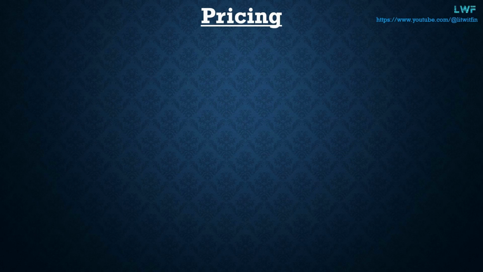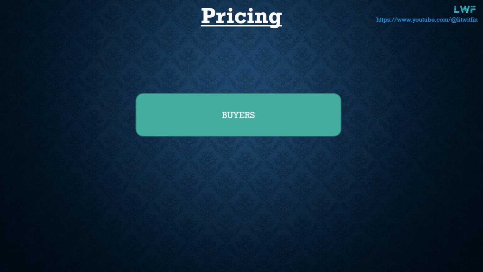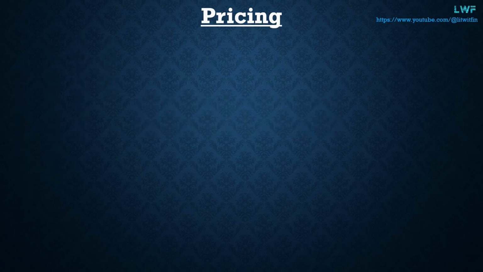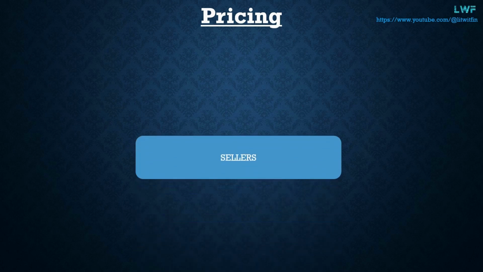In the free market, we have buyers who are always negotiating for the lowest price possible as they interact with sellers. In this way, they put downward pressure on prices. At the same time, in the free market, we have sellers who are always negotiating for the highest price possible as they interact with buyers.